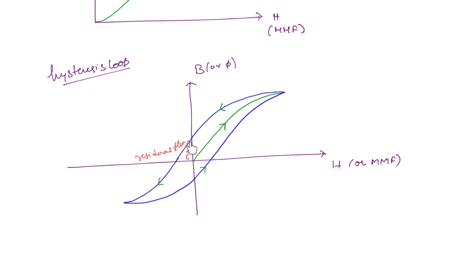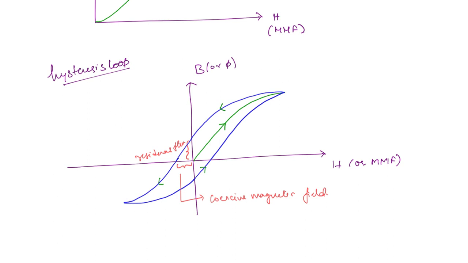Here in the opposite direction, the magnitude is increasing, so the same curve will be there. The flux will now increase in the negative direction, and the point at which the flux becomes 0 is called the coercive magnetic field. And here also it will reach a saturation point.